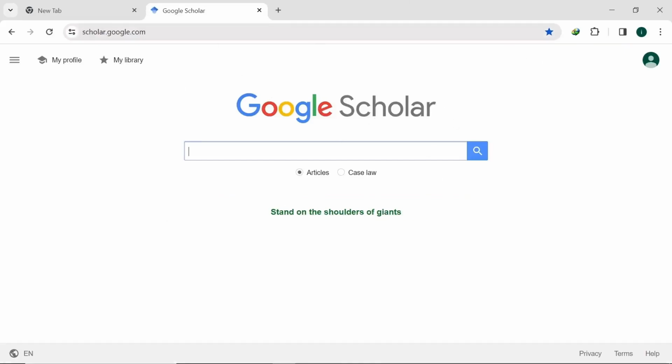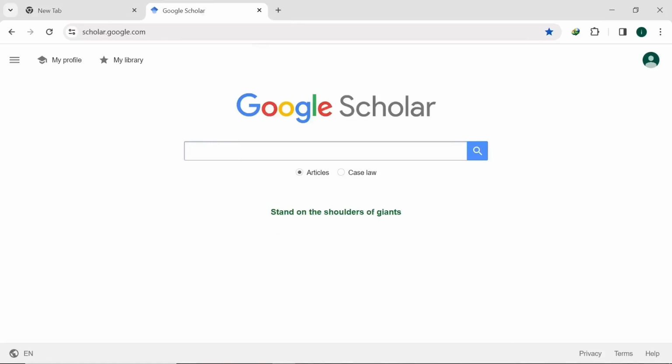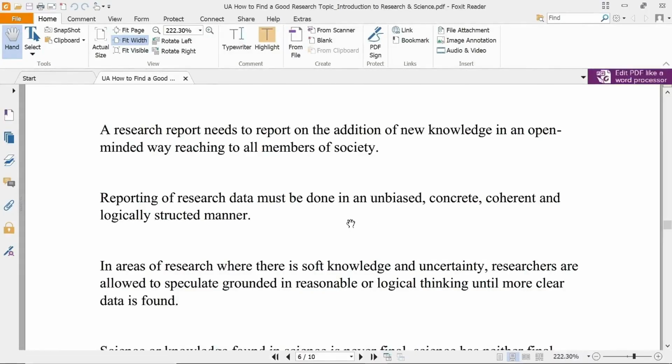That's where you'll be getting most of your articles. You can even use Google. I'll talk about this in depth in the video about extracting information from journal articles. This is the motto of Google Scholar: standing on the shoulders of giants. So whatever you are doing, you are building on what has been done in the past, and whatever research you have, it has to have a novel aspect to it.